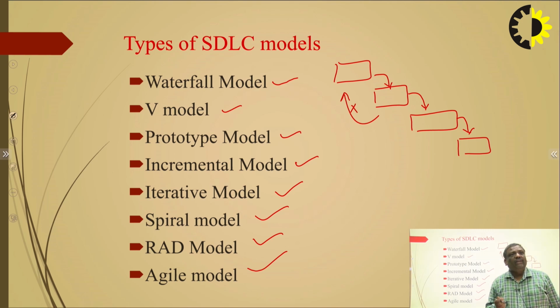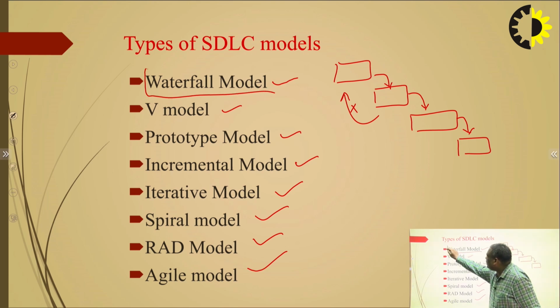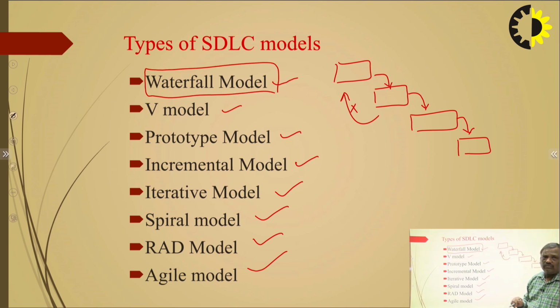So if any change comes from the client side, how can the project manager alter it in this waterfall model, because once we complete a phase and reach the next phase, we cannot go to the previous phase.